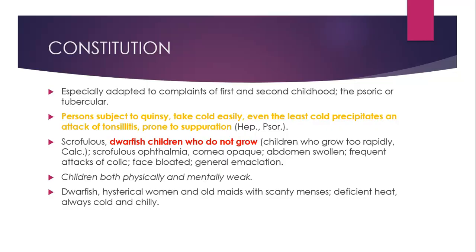Dwarfish children who do not grow. Not growing means something like dwarfism. What type of dwarfism can happen in this child can be understood from the next point: children both physically and mentally weak. In dwarfism, you can think of growth hormone deficiency, or it can be due to thyroid hormone deficiency.